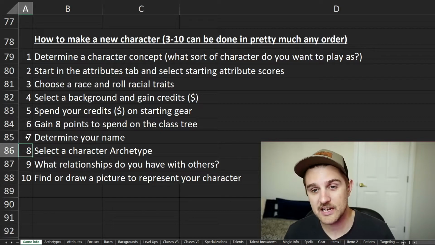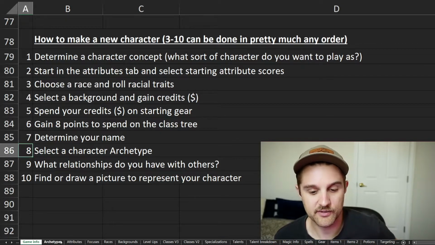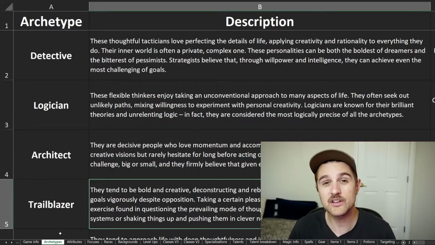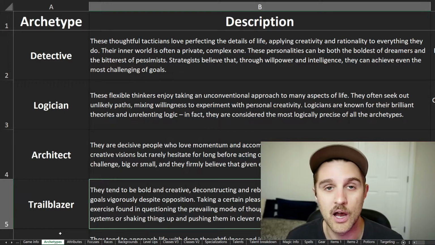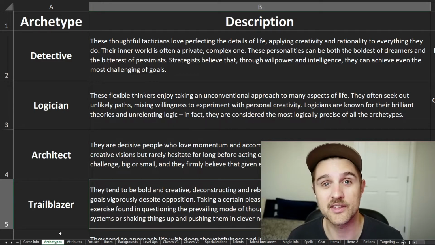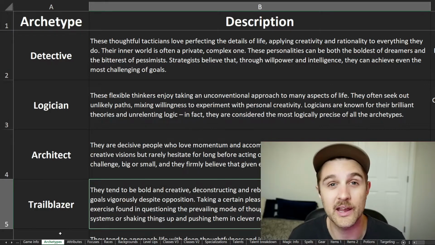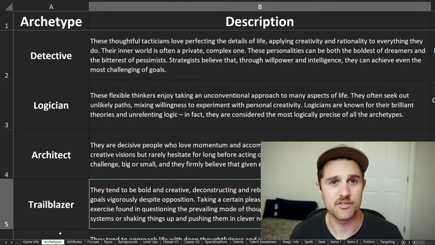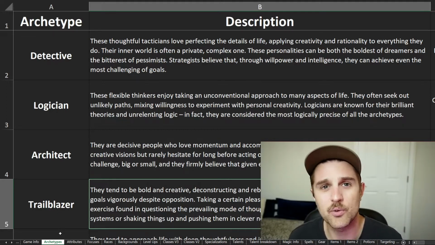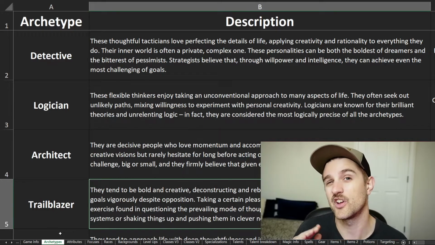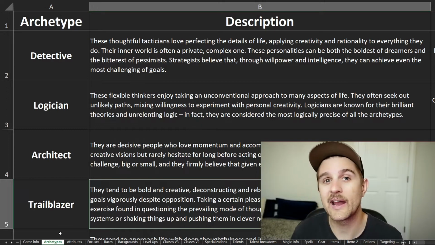Selecting a character archetype. I do, however, have a whole section on archetypes, which we're going to be looking at. And I really strongly believe it's very important to come up with a distinct personality for your character. When you're playing a tabletop RPG, I think it's important to distinguish who you are from who your character is. That way, when you're playing with a group of friends and your friend's character does something that you don't like, or that doesn't align with what your character wants, it's more of, my character didn't like what your character did, as opposed to, I don't like what you did.